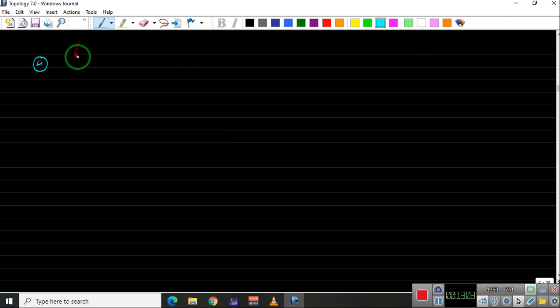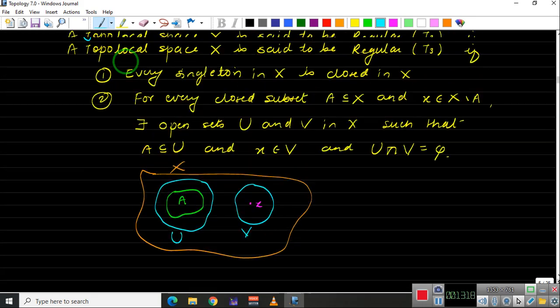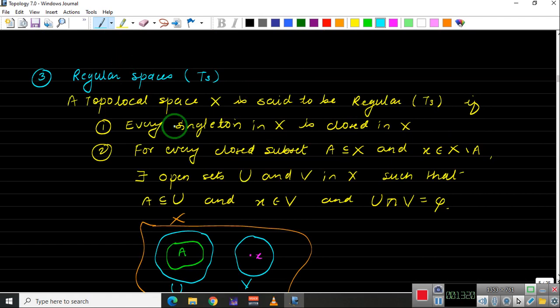T4 is also called normal spaces. So in T3 we need a closed set and a point. Now for normal spaces we need two closed sets.